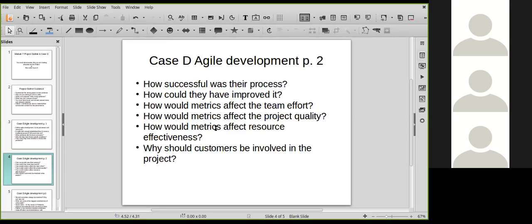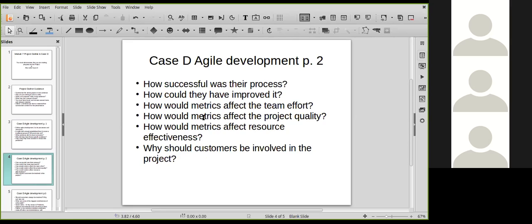Measurements always affect something. If you're into nuclear physics or other types of physics, you'll hear that the mere fact that you measured something affects the outcome. Well, it actually does affect the process and the implementation as well.